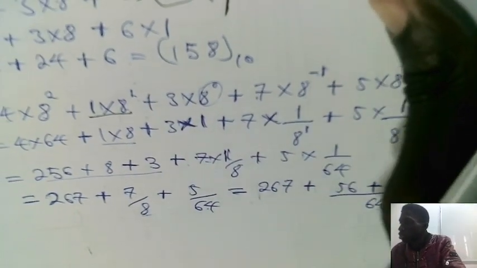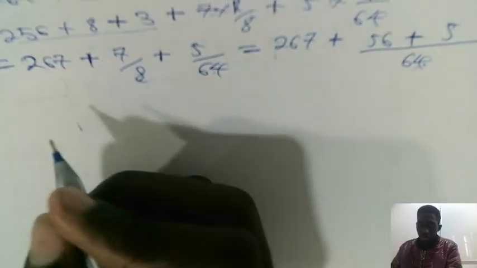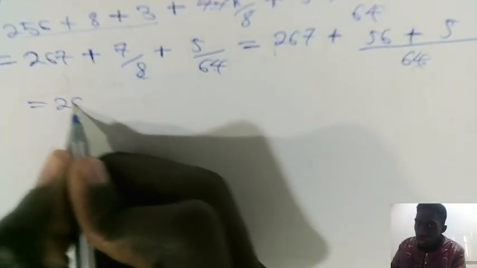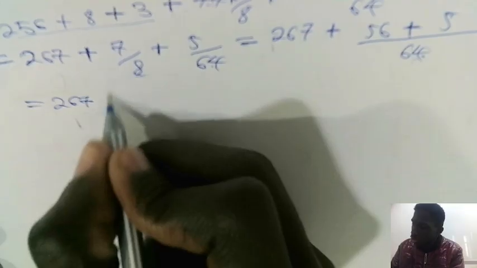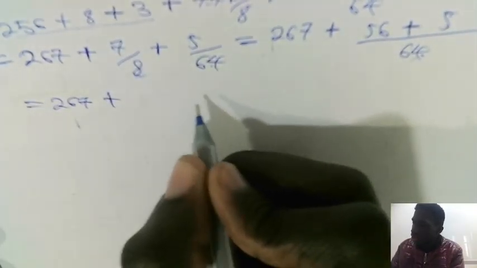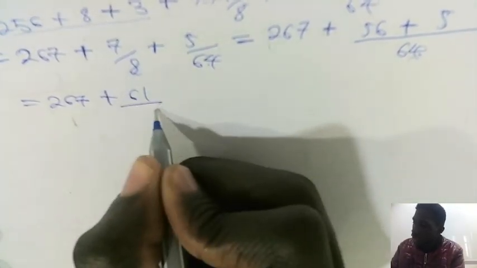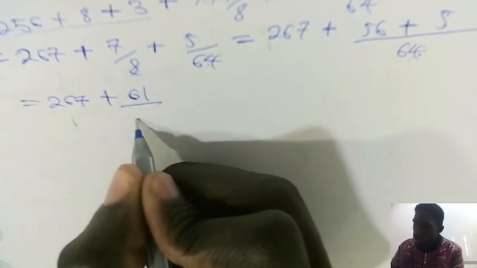So basically, what we have now is 267 plus 61 over 64.